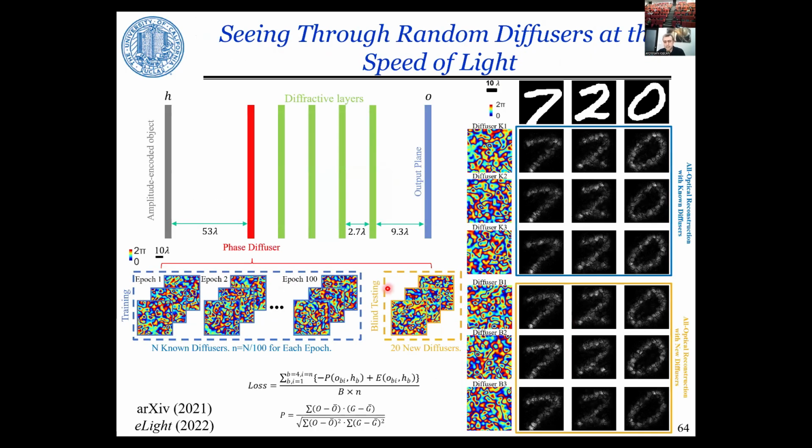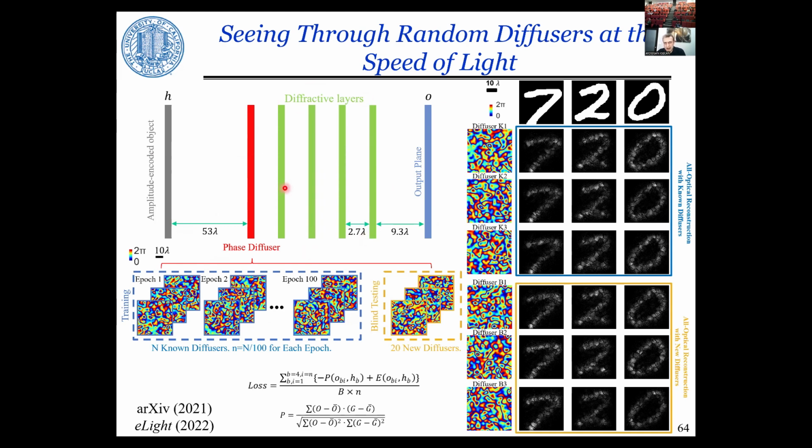To be able to do this, we show thousands of examples of random diffusers along the optical path and random objects. So during the learning process, there's a couple of thousand of these random phase diffusers that are distorting the objects.